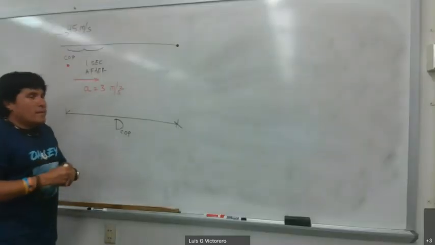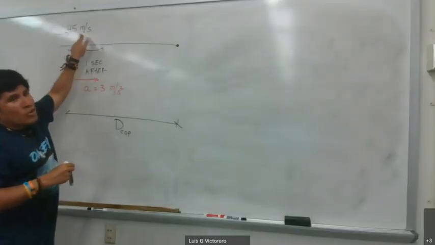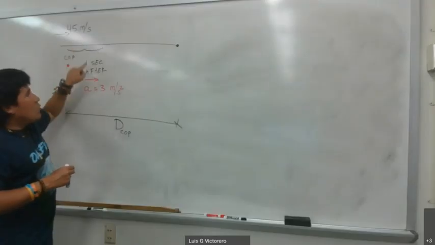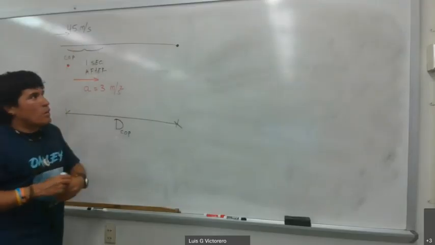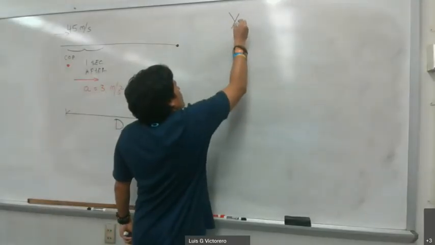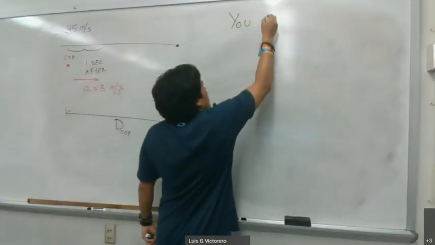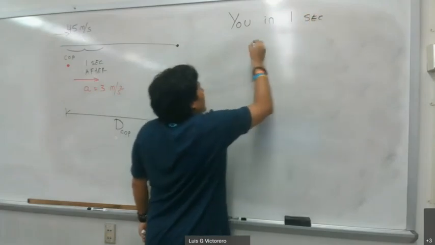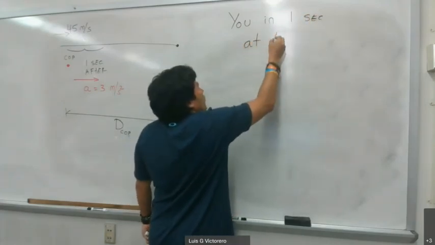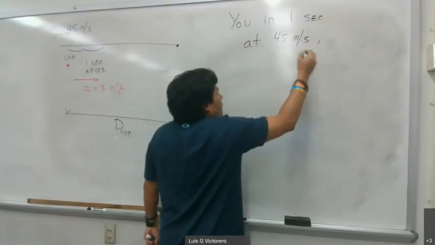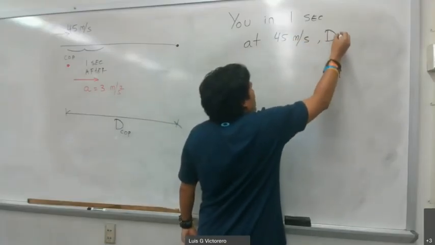Can somebody tell me, if you are traveling at constant speed of 45 meters per second, in 1 second, how much do you travel? At 45 meters per second, what is the distance that you travel?